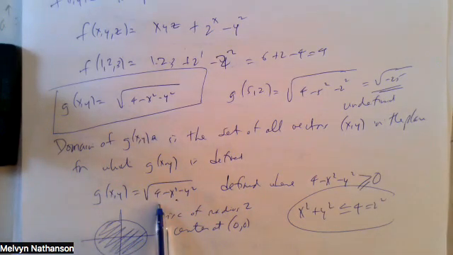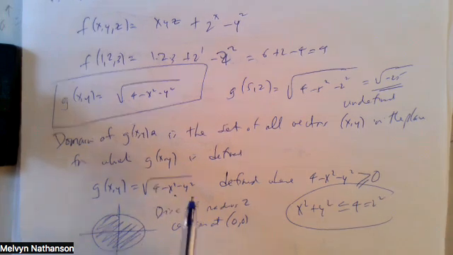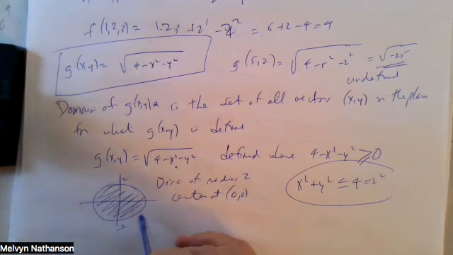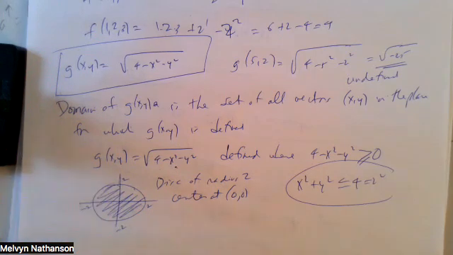So this function of 2 variables is only defined where x and y lie on or inside the circle of radius 2. So a function of several variables is, just as the name says, a function of several variables.